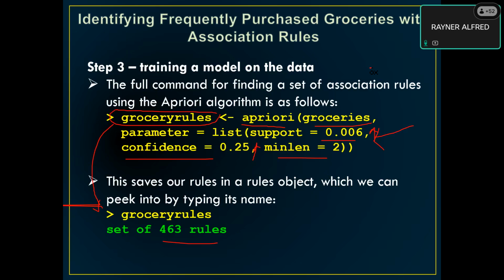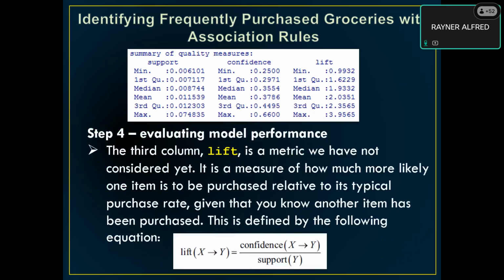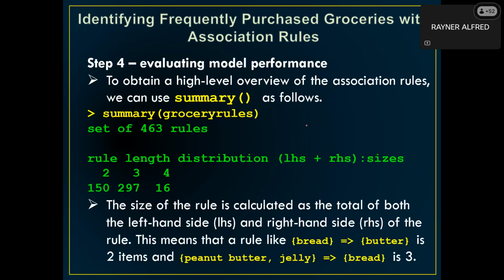From here, we can look at some of the rules that we have. We can extract here left-hand side plus right-hand side.